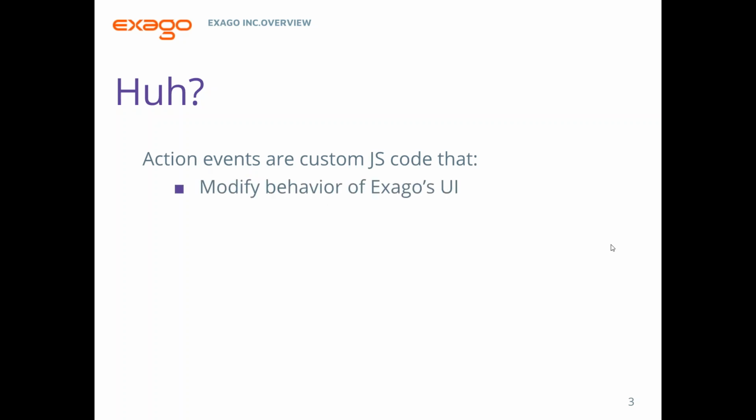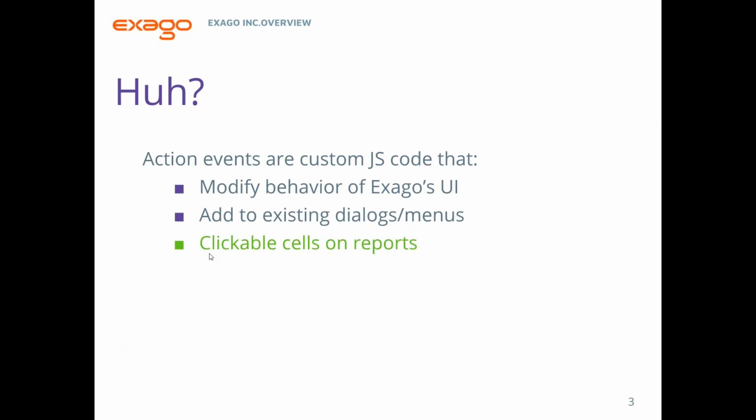And in practical terms, what that means is action events create JavaScript that modifies Exago's user interface and can add to existing dialogues and menus. And in today's example, we'll be creating reports that have clickable cells that then do custom things.